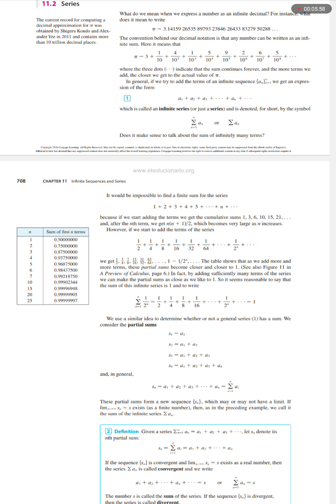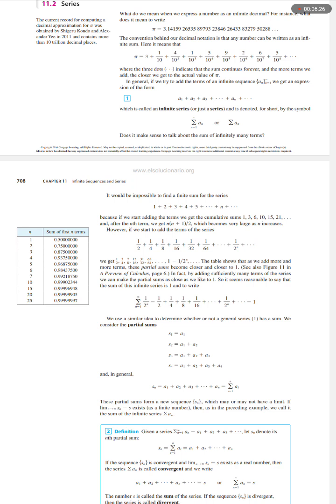And in general, s_n equals a_1 plus a_2 plus a_3 plus all the way through a_n equals the sum from i equals 1 to n of a_i. These partial sums form a new sequence {s_n}, which may or may not have a limit.